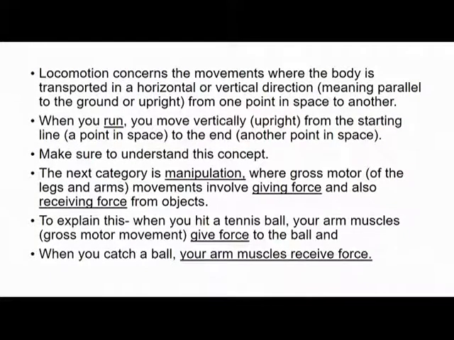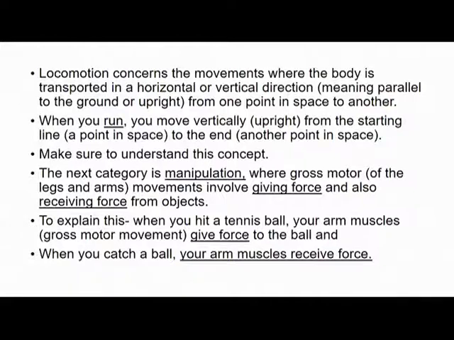Locomotion concerns the movements where the body is transported in a horizontal or vertical direction, meaning parallel to the ground or upright, from one point in space to another. To explain it, when you run, you move vertically, that's upright, from the starting line, that's a point in space, to the end, another point in space. Make sure to understand this concept.